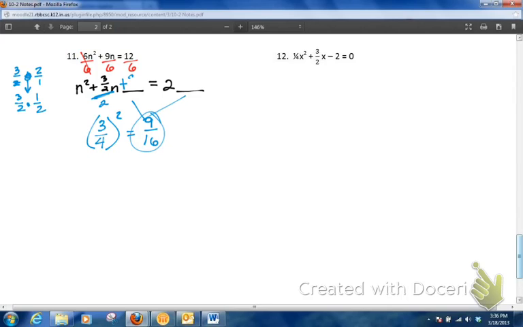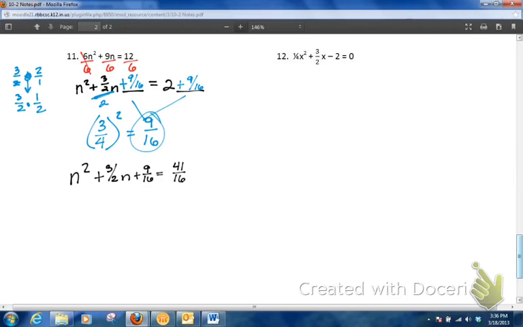So I write plus 9/16 plus 9/16. So now, rewrite my problem. I have n squared plus 3/2 n plus 9/16 equals, and then 2 plus 9/16 is 41/16.